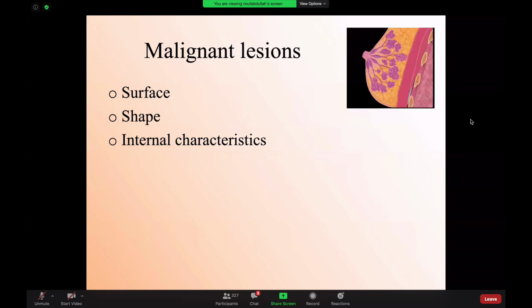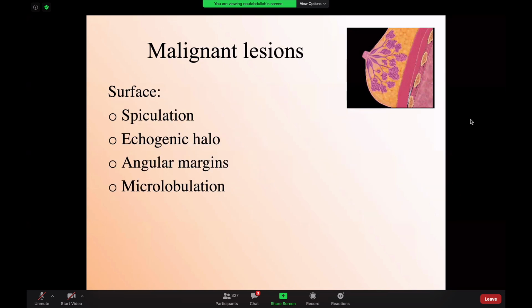So as we said on mammogram, we will talk about the shape, the margin, the echogenicity of the lesion or the internal characteristics. Looking at the margin of a malignant lesion, you always look: does this lesion have the typical spiculation? Does it have an angular margin? Does it have a microlobulated margin? Does it have an echogenic halo?